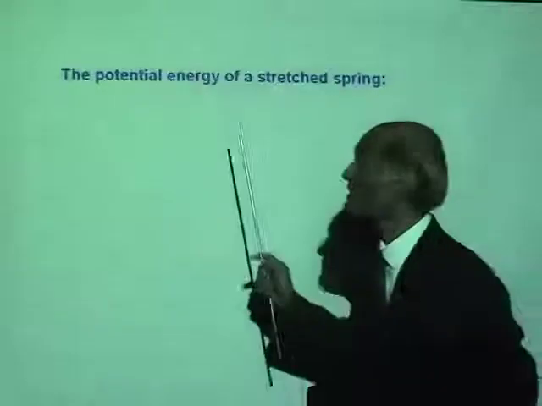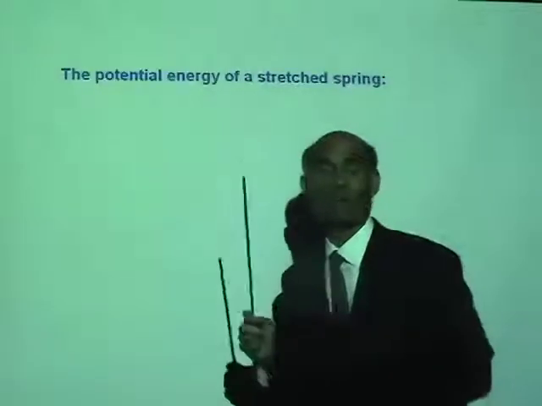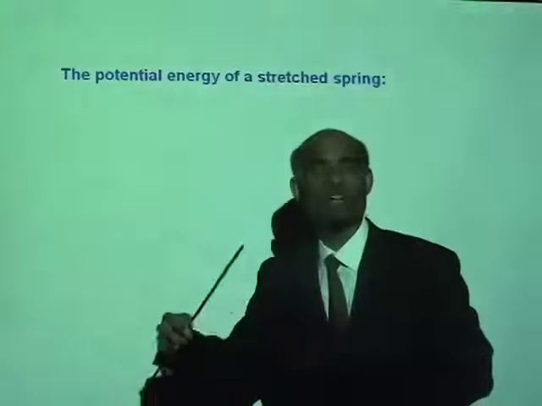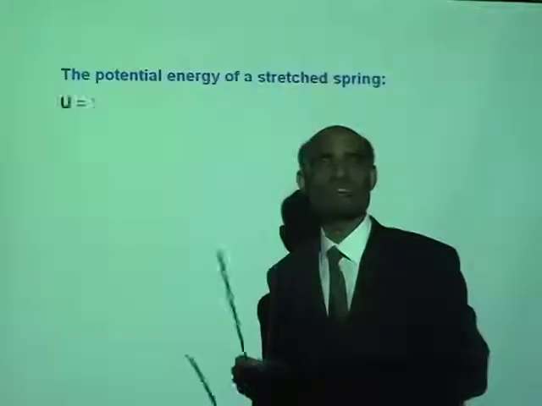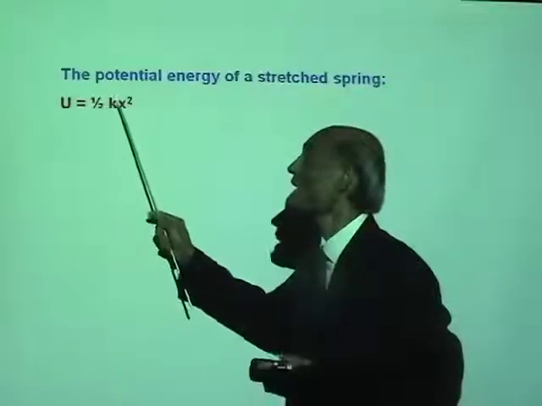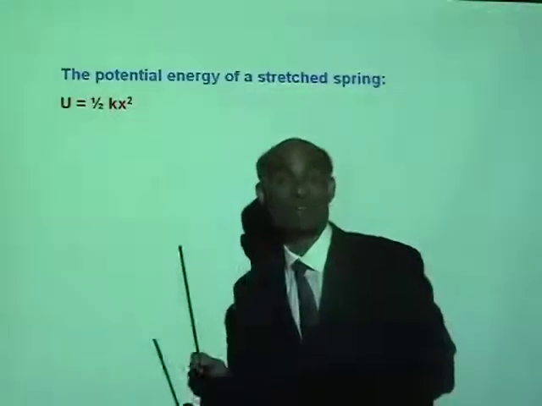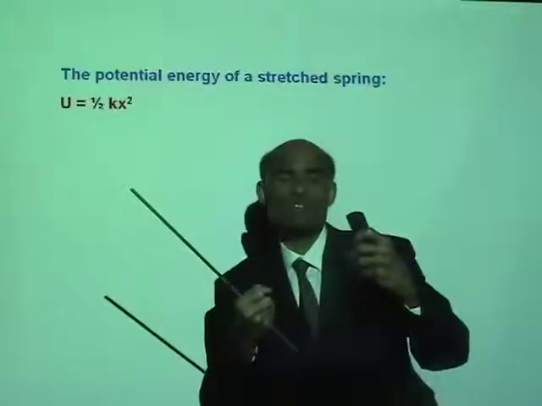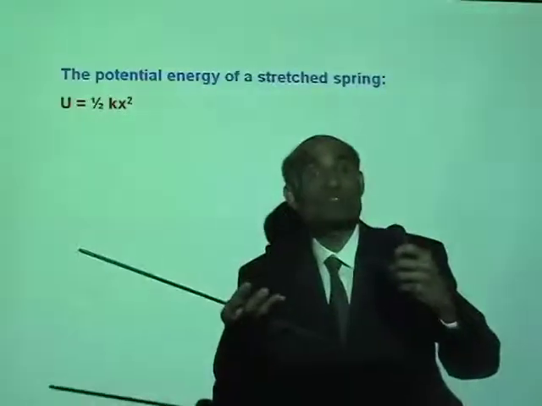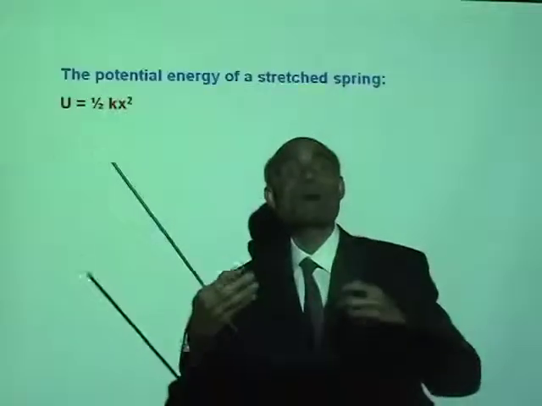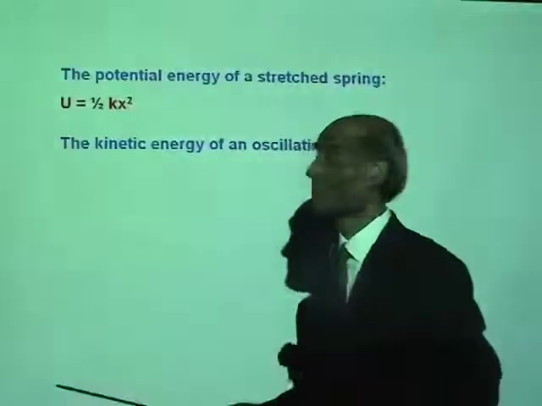Potential energy of a stretched spring. What is the equation for the potential energy of a stretched spring? U equals 1/2 k x squared, where x is the amount of stretch. If you use y as the amount of stretch, it will be 1/2 k y squared.